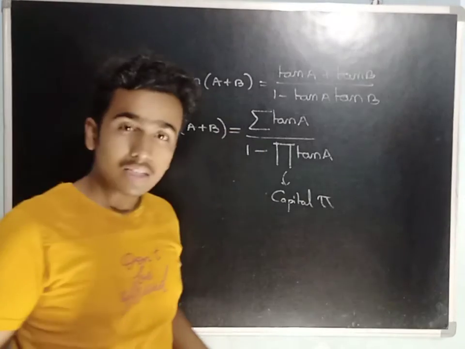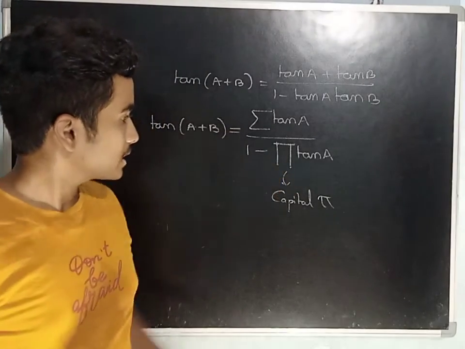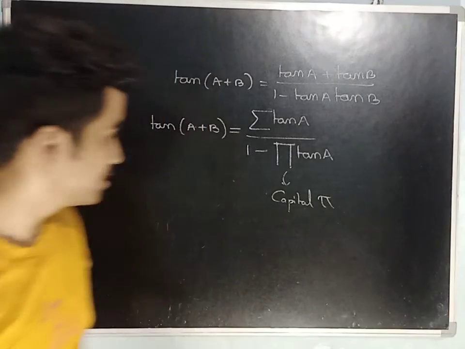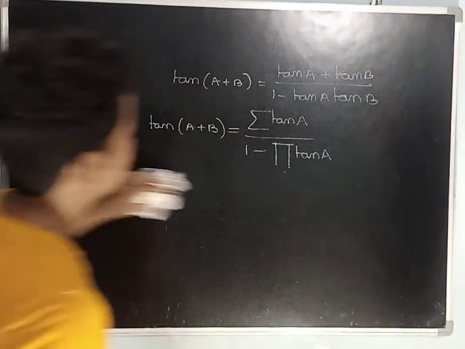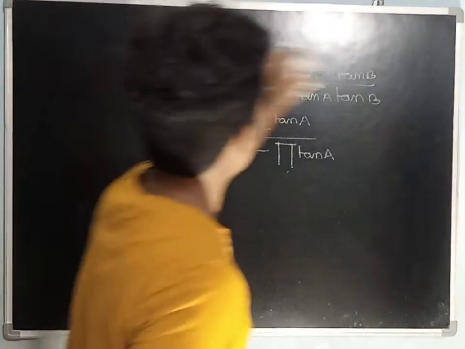Sigma is nothing but summation, and capital pi is nothing but product. You will understand about capital pi also.